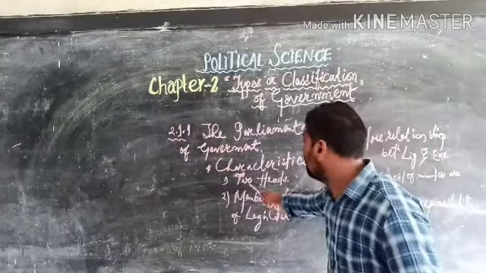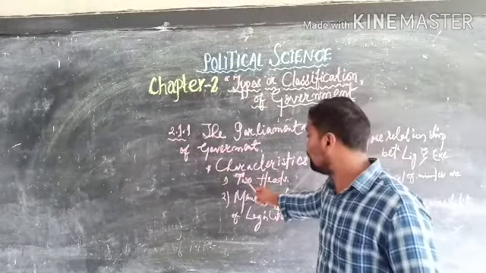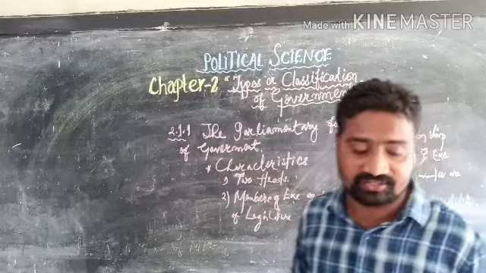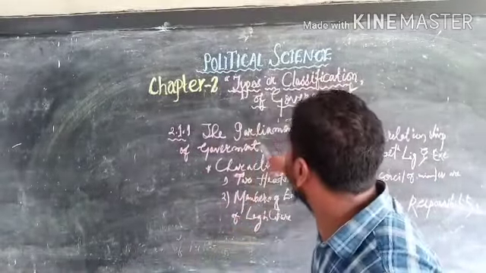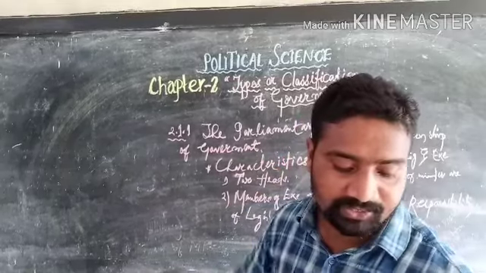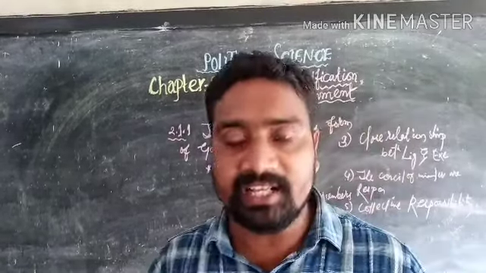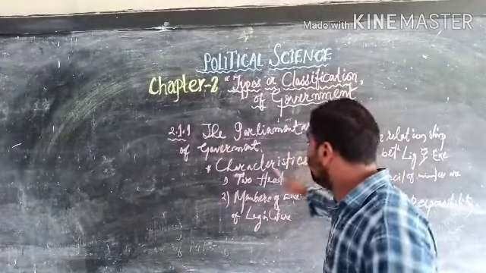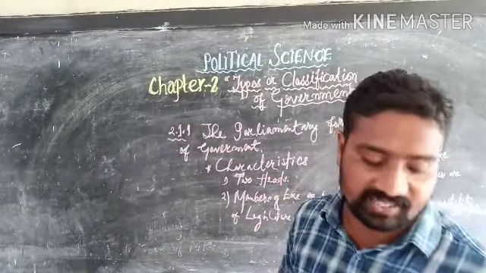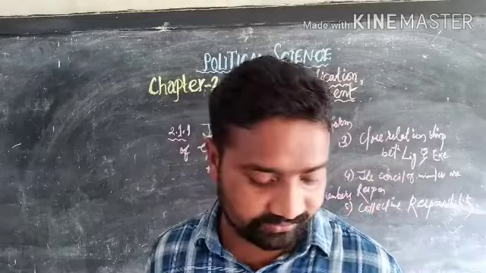The first one is two heads. So there are two heads in the parliamentary form of government. One is the nominal executive, and the second one is the real executive.